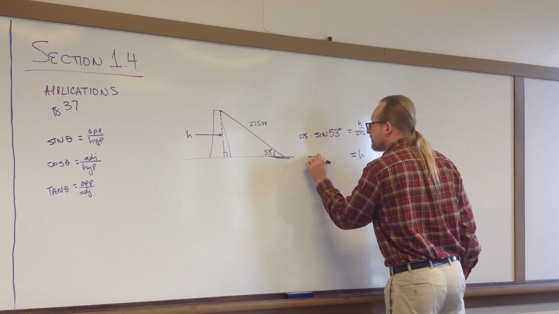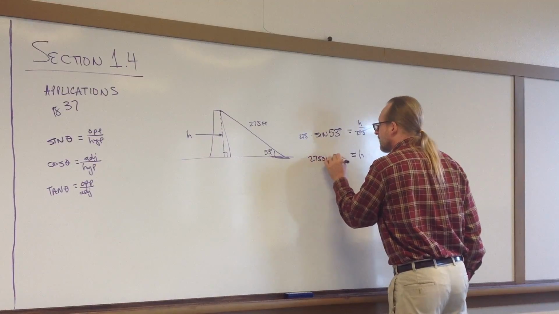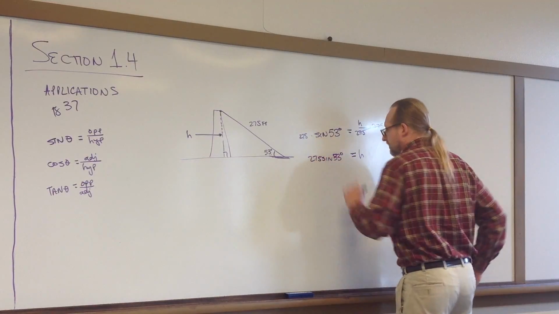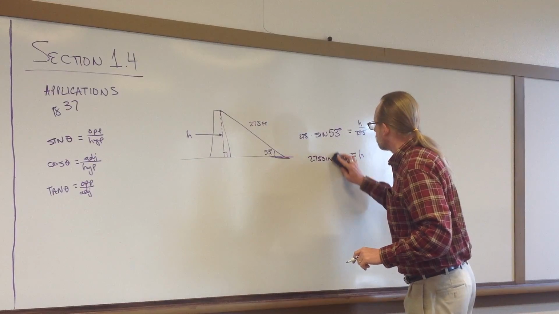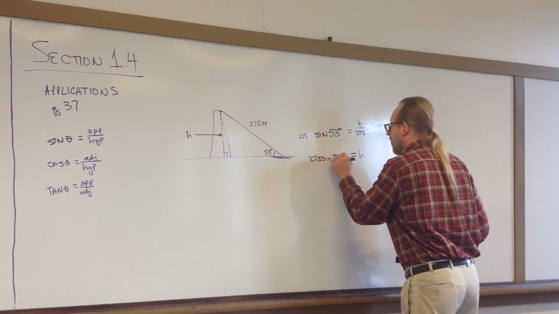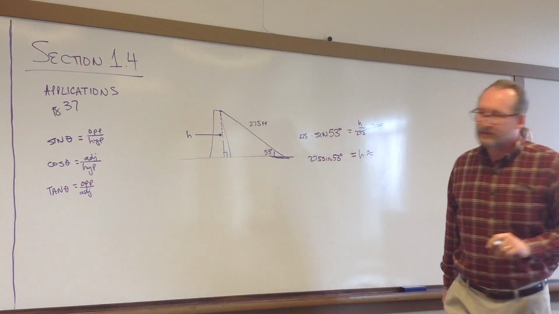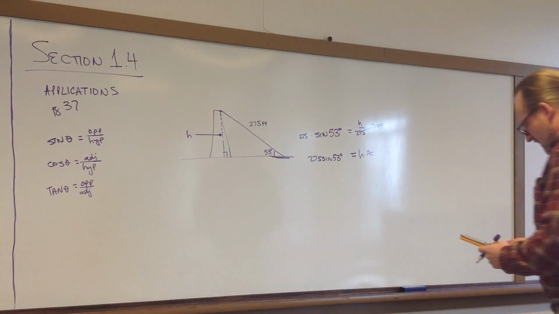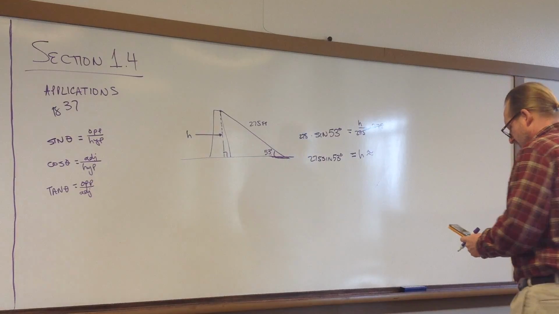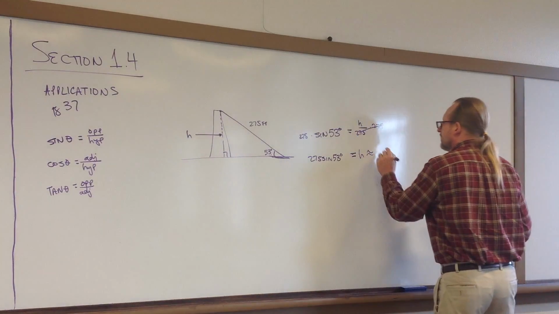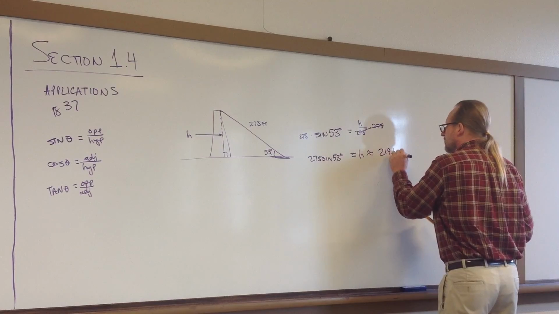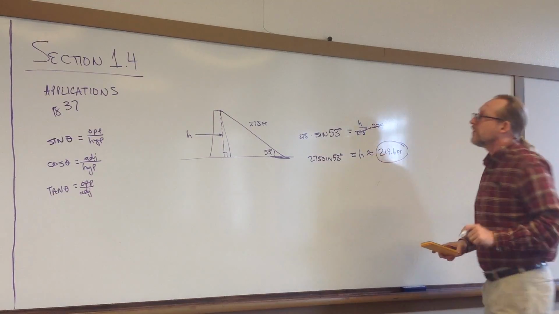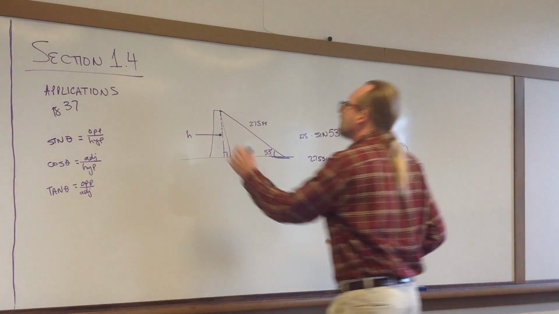So h is going to be 275 sine of 53 degrees. Let's get a good approximation for that. 275 sine of 53 degrees is 219.6, so 219.6 feet tall. And that's problem 4.